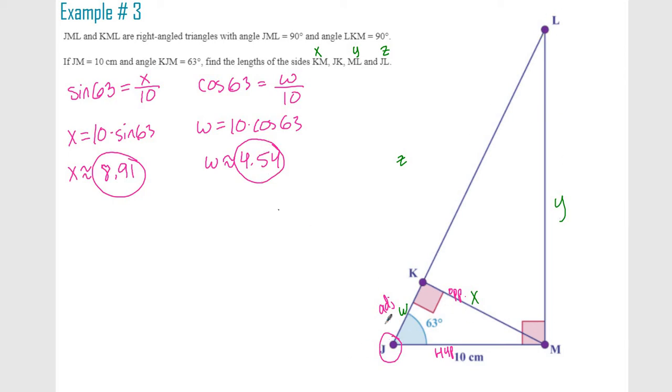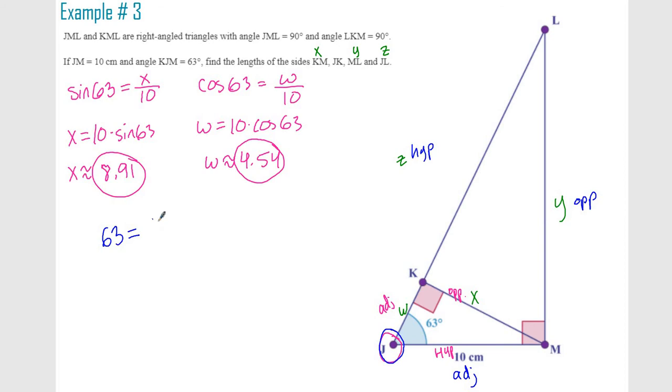So now let's look at the bigger triangle, and we're still going to use 63 as our angle. Now 10 is considered our adjacent, z would be considered our hypotenuse, and y is considered our opposite. I want to figure out what y is, so I have opposite and adjacent.